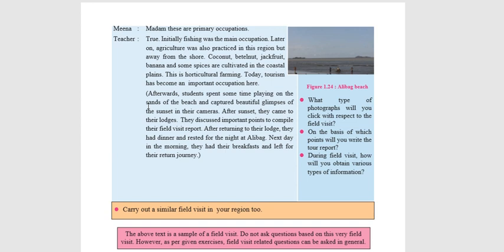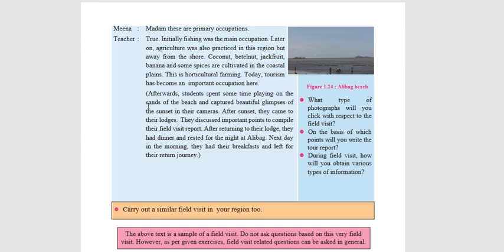Please write your answers to the following questions. Your first question: how will you manage the litter during the field visit?